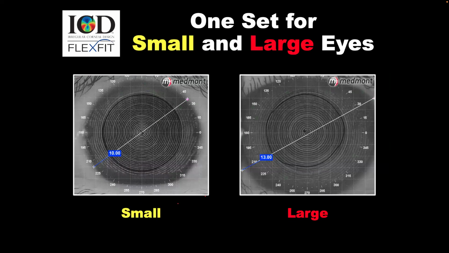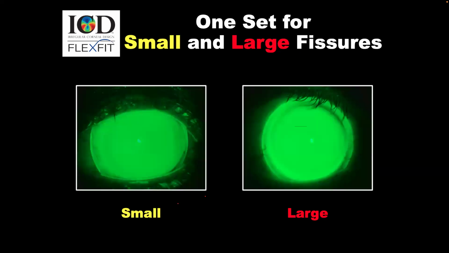So again, one set for small and large eyes, like we discussed earlier. Remember that we have those tight eyelids or small apertures on the eye. So fitting a 16.3 on those eyes is quite challenging. We can do so, but it's going to be technique.